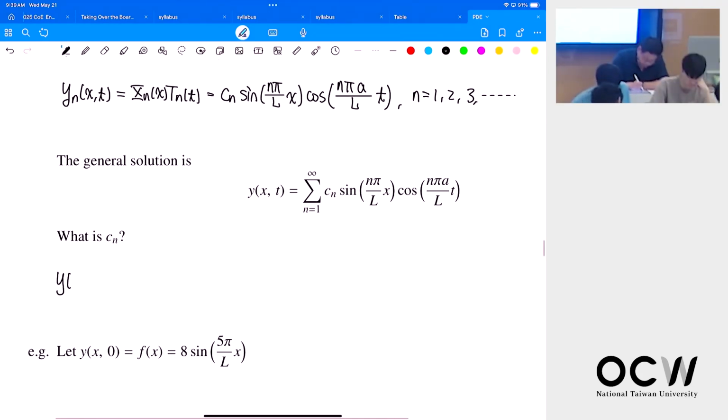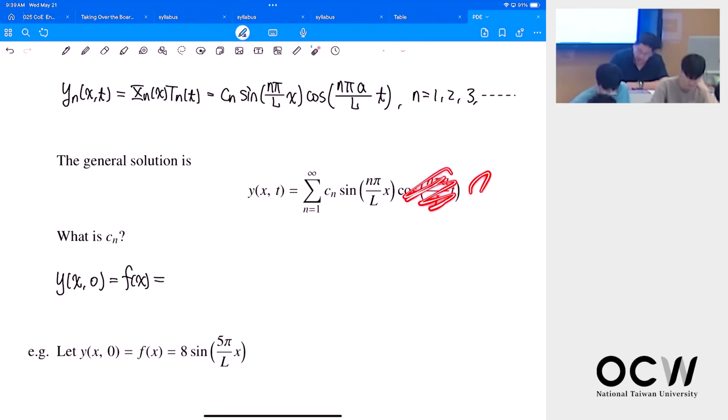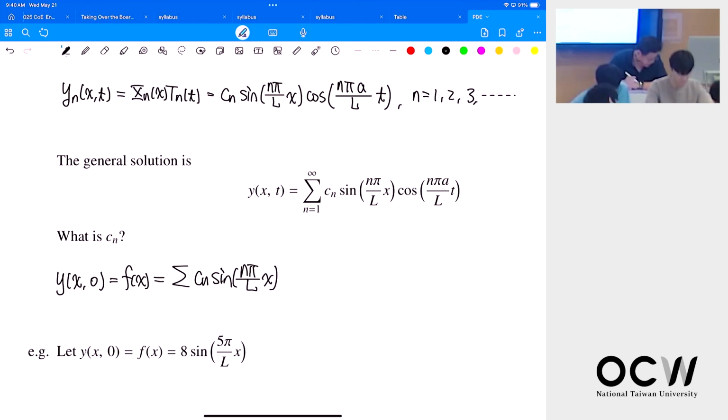y(x, 0) is equal to f of x. So t is 0. When t is 0, this is 1. So I only have the summation of Cn sine. It's like a Fourier sine series, n pi over L x, and n is from 1 to infinity.